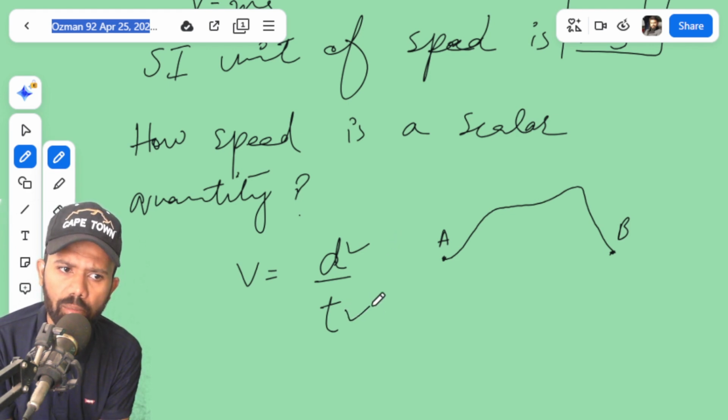And of course, time doesn't have any direction. That's why time is also a scalar quantity. So both quantities which are responsible for speed are scalar. So that's why we say that speed is also a scalar quantity.